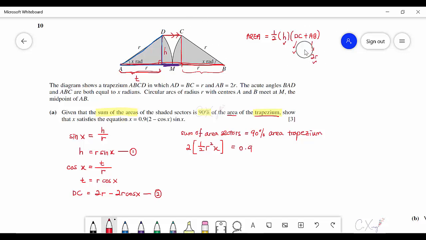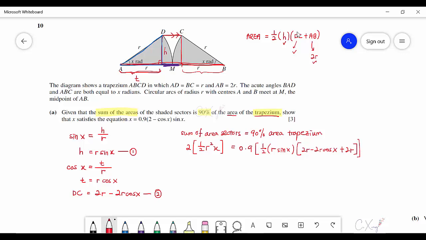So this is the area of trapezium, and I want to substitute all the information that I got just now. So half, the h is r sine x, and then DC. So DC is 2r minus 2r cos x plus AB. AB is 2r.